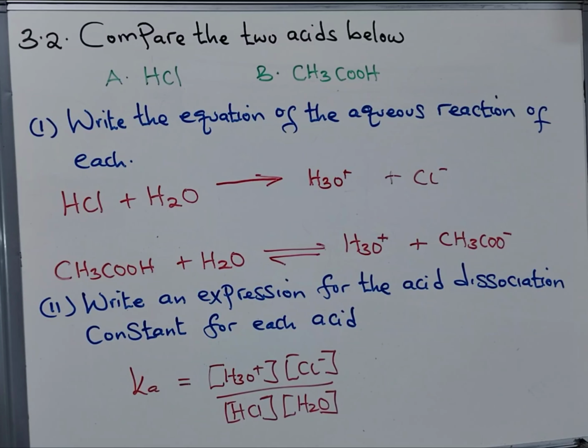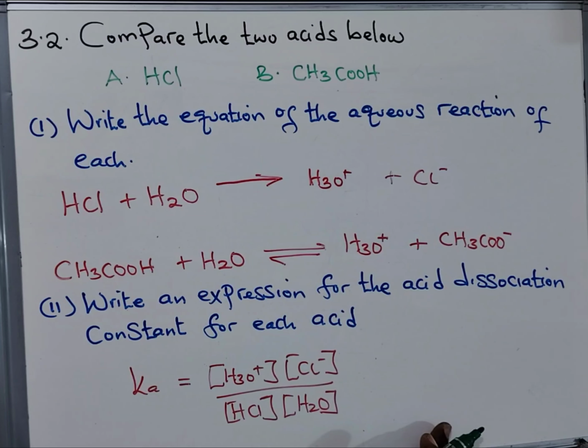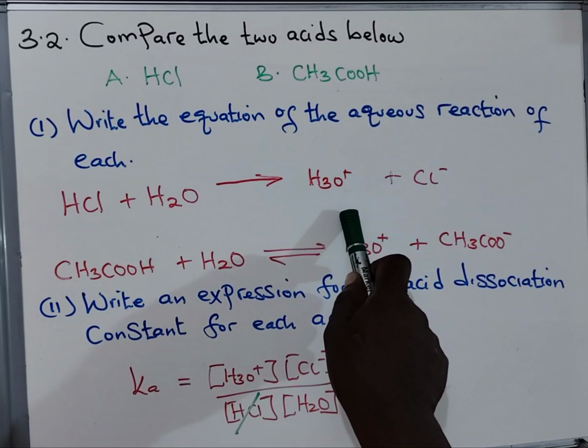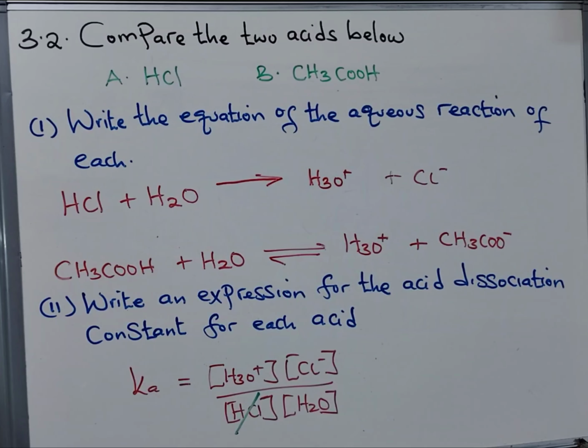But you have to remember something very important here. You have to remember that this reaction is completely ionized, meaning that we don't have hydrochloric acid at the end of the day. It is all converted into hydronium ion and chloride ion. That's what we mean by completely ionized.